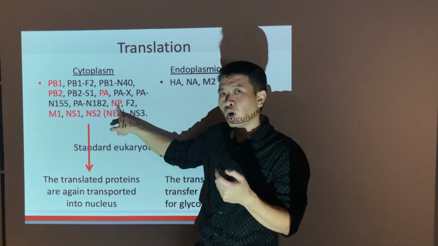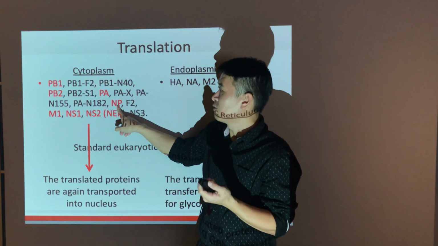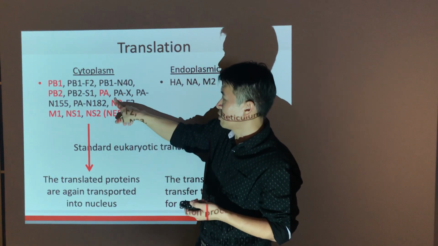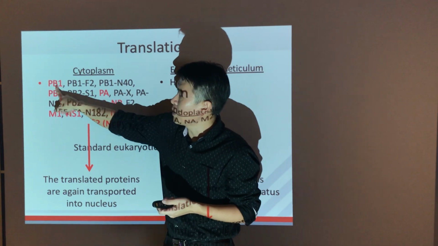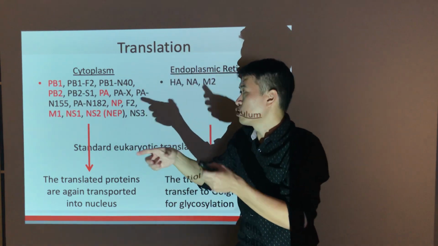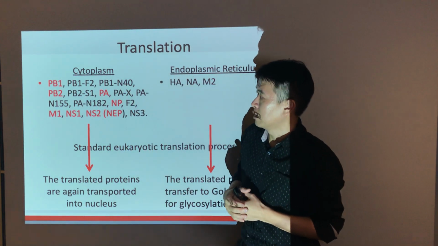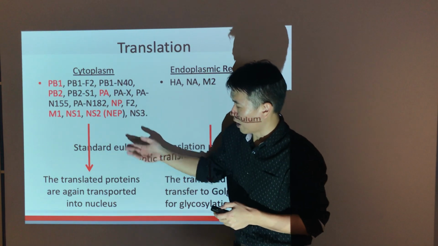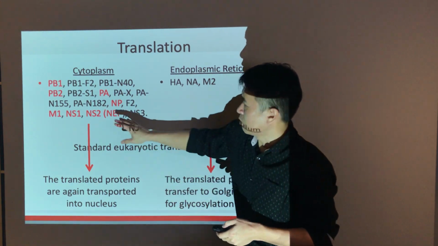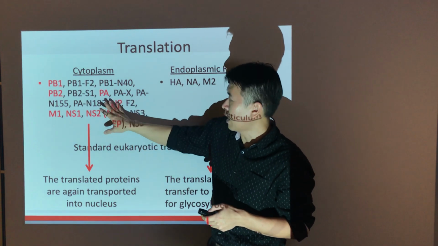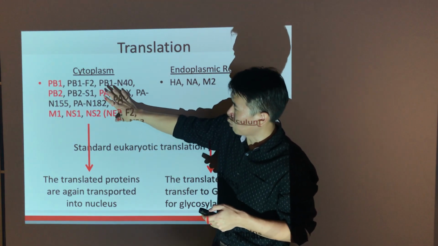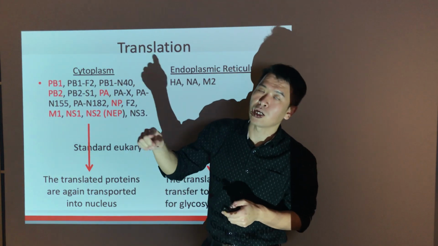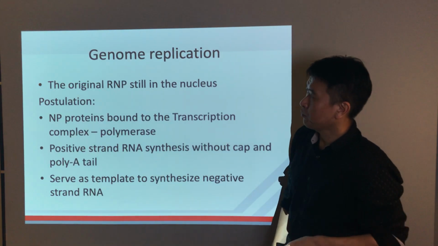Alright? Then we know that the genome of the virus has a panhandle structure. So it has the PA, PB1, and PB2 that bind to the nucleocapsid protein. The rest of these proteins also play a very important role, which I will explain later. So basically, these highlighted red proteins will be translocated back into the nucleus.